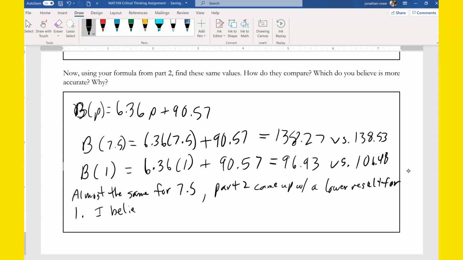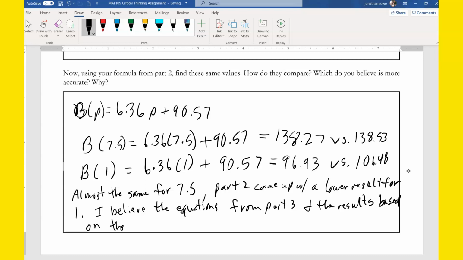I believe the equation from part 3, and the results based on that equation, are more accurate.